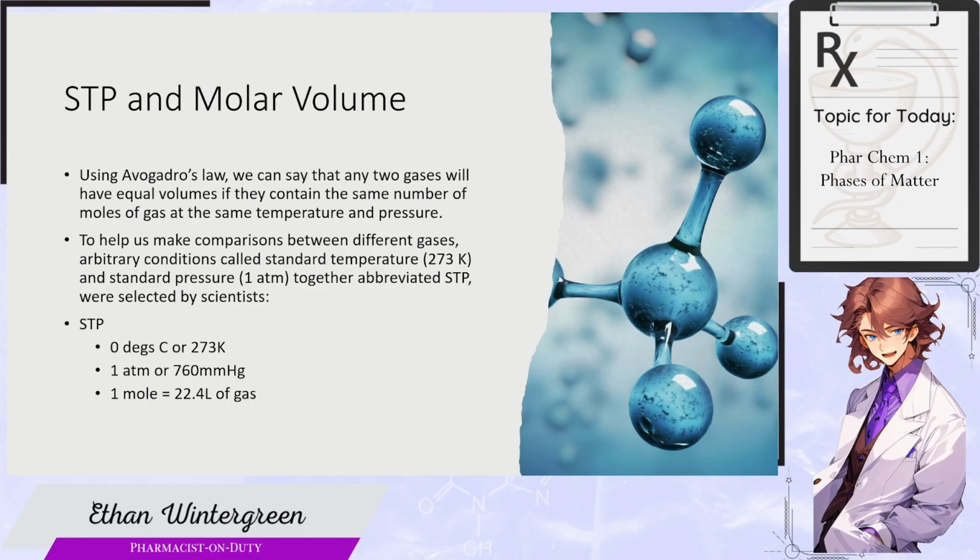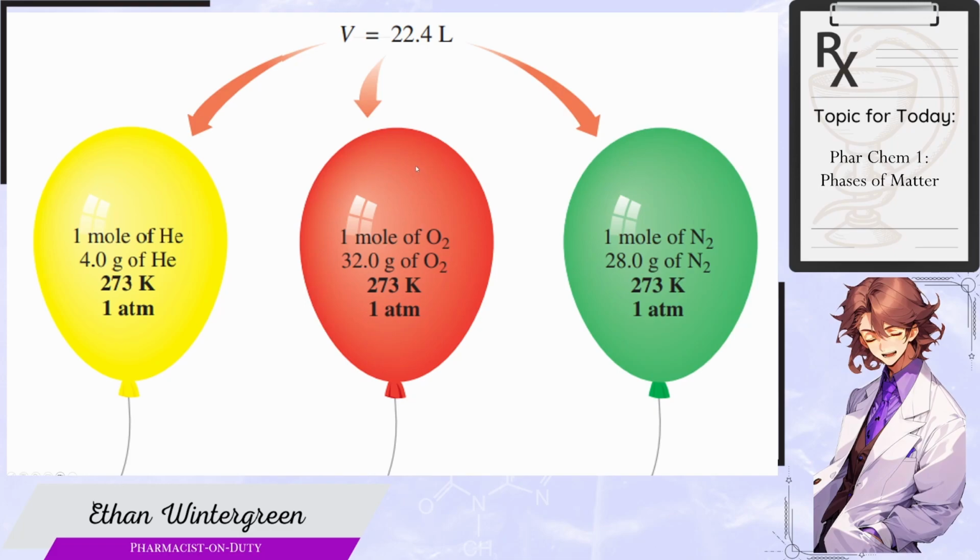These are the parameters for STP: 0 degrees Celsius or 273 Kelvin, 1 atmosphere or 760 millimeters of mercury, and 1 mole of gas. So 1 mole of a gas has a volume of 22.4 liters. Provided that you all have 1 mole of a gas, they occupy the same amount of space at standard temperature and pressure.